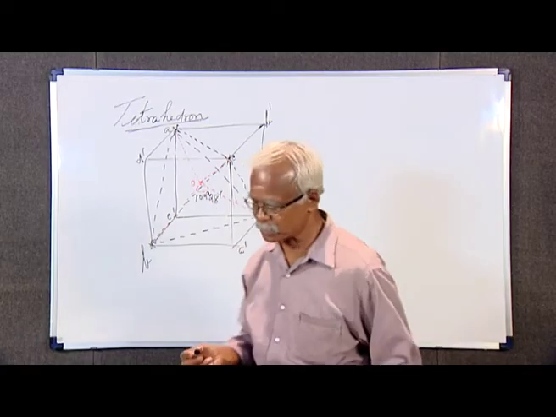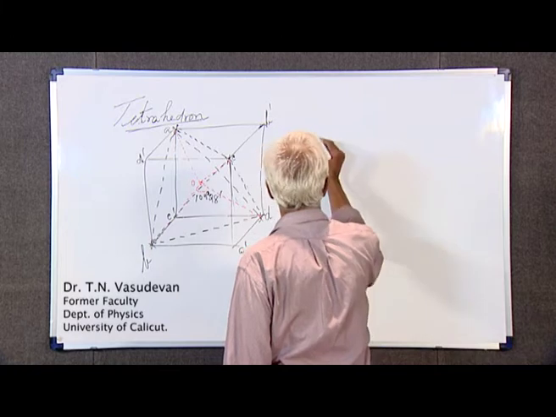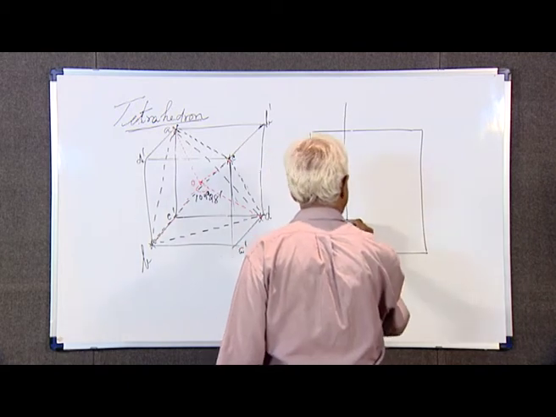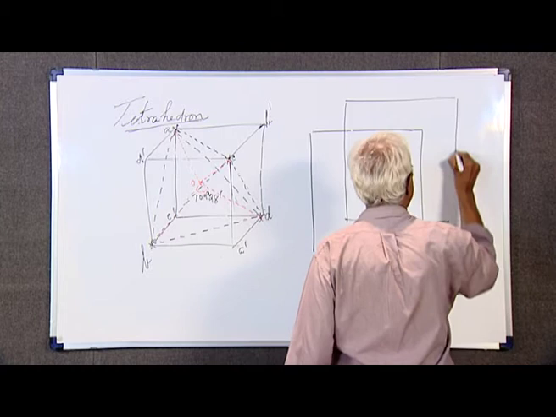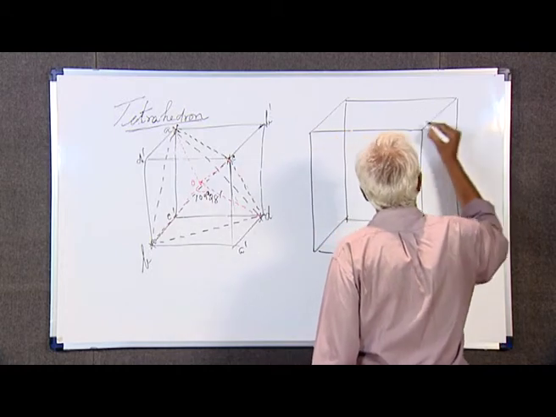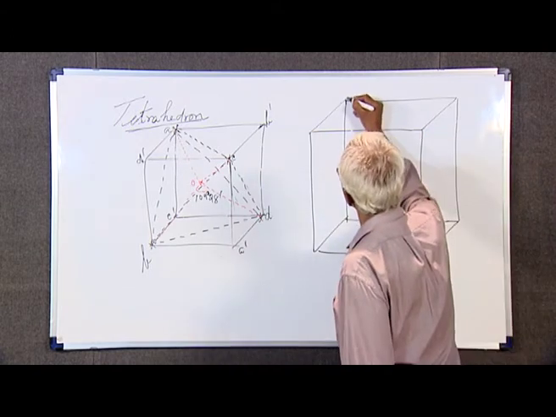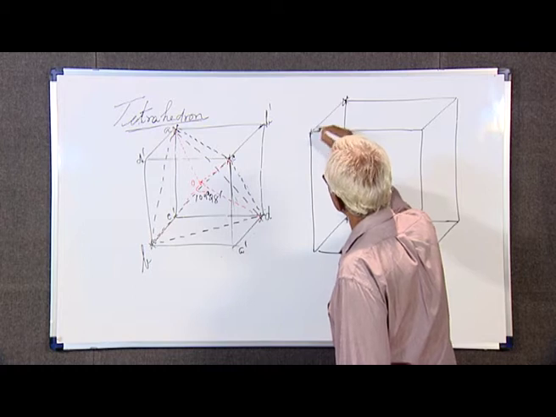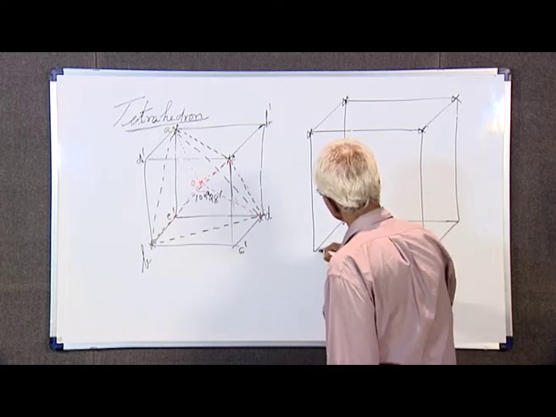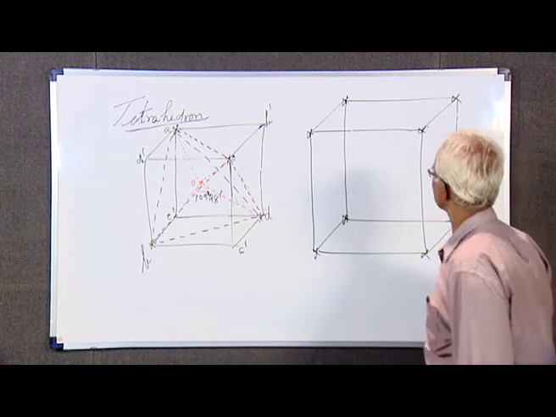Let us do the actual diamond structure. See, you just take atoms at all the cube corners as well as the face centers.